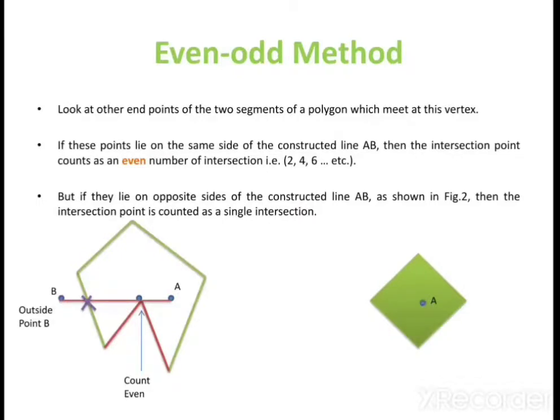So here the point A, for which we have to check whether that point is inside or outside, then we have taken one point B which is surely outside, right. So outside point we have considered, then we drew the line between them, and this is my intersection point. Now here we can see that the intersection point itself is a vertex of the polygon, right. It is not intersecting an edge, but it is intersecting the vertex of the polygon.